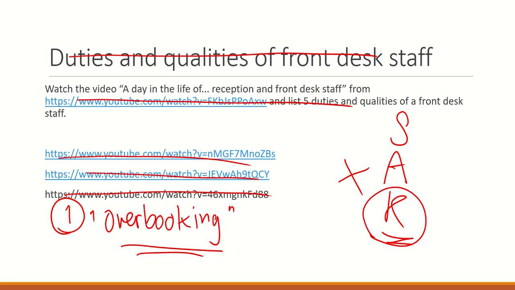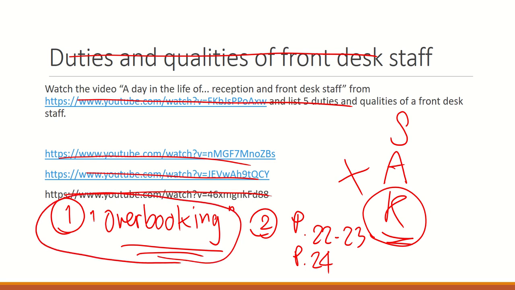And the second one is what? Page 22 to 23. Oops, sorry, 24. I need it in class today. Overbooking, you just read and find the information.